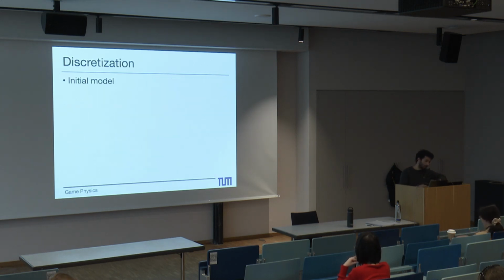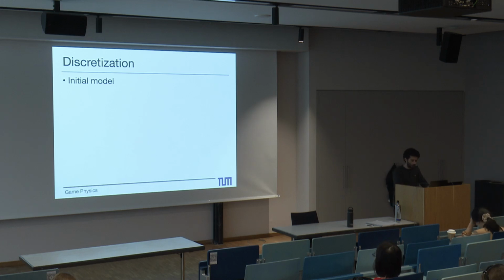The important part for me now is to have a look at the actual discretization of our system. So let's walk through the entire procedure of the integration, or how we integrate the dynamics of a system. We start with the initial model. We have our set of points and set of springs.